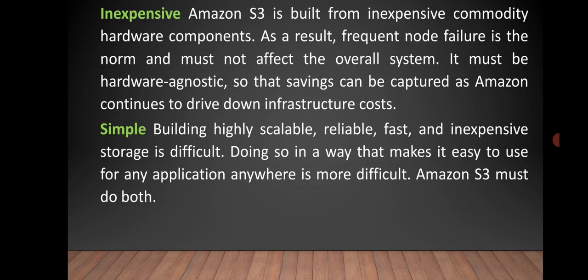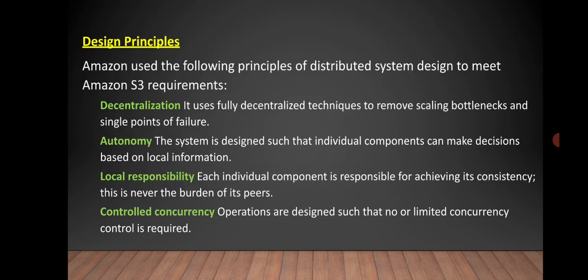It must be hardware agnostic, so that savings can be captured as Amazon continues to drive down infrastructure costs. Simple: building highly scalable, reliable, fast and inexpensive storage is difficult, and doing so in a way that makes it easy to use for any application anywhere is more difficult. Amazon S3 must do both.